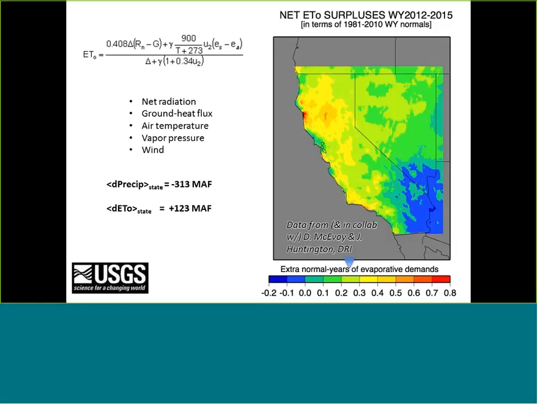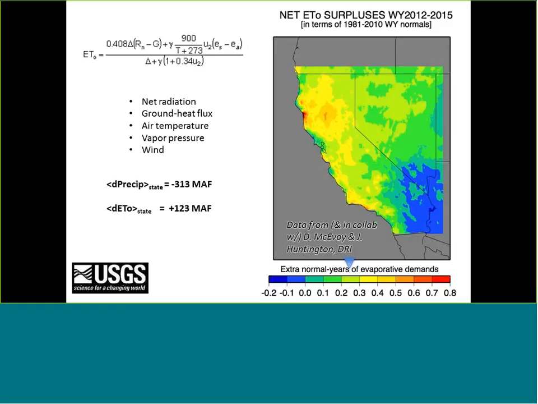So think your Palm Springs golf course or something like that. It's sucking up the water into the atmosphere. And I'm playing this same game of here's our accumulated, in this case, because the temperatures are high, evaporative demand surplus. They're higher than normal, okay?